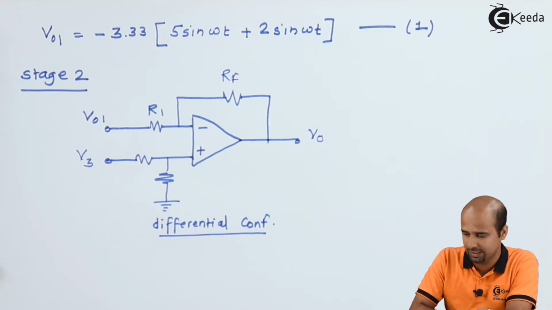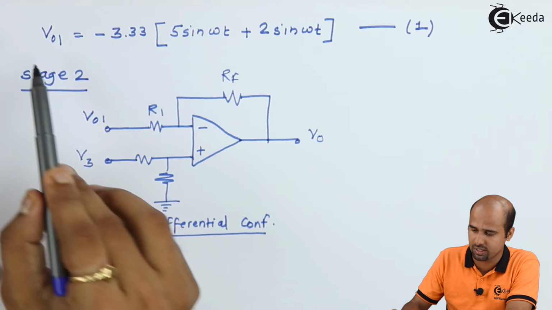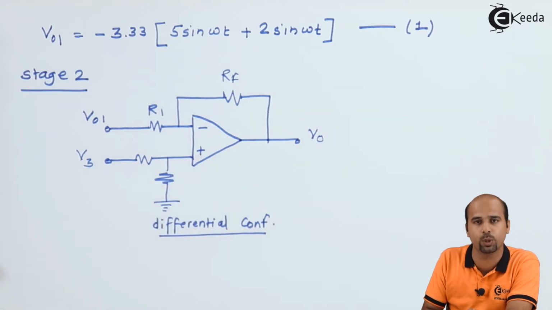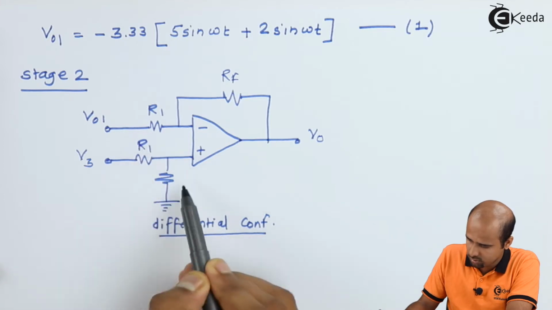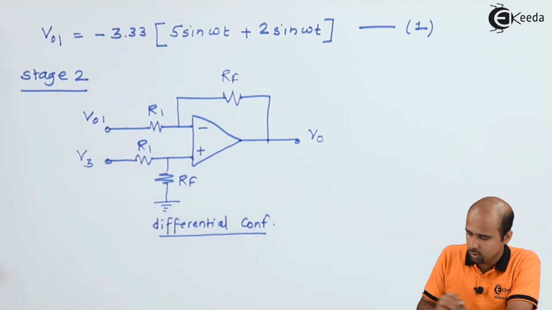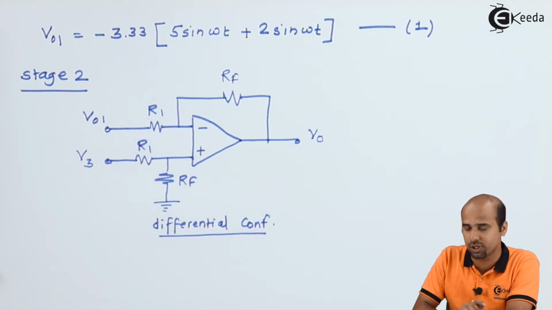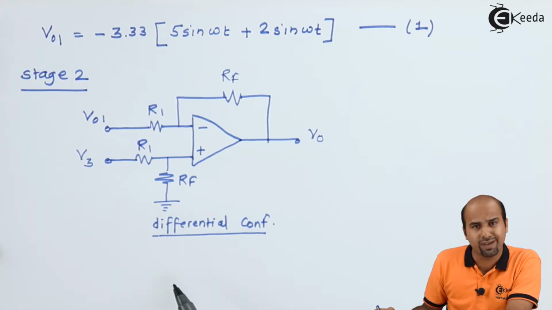But hold on, here the value of VO1 is expressed as in equation number 1. What we are going to do in this particular numerical, you can also take the help of the formula for the output voltage of the differential amplifier configuration.